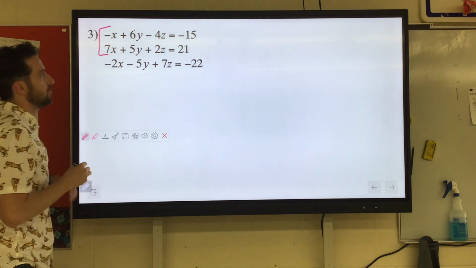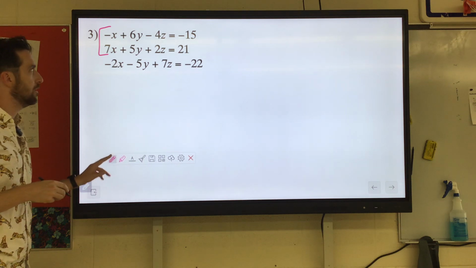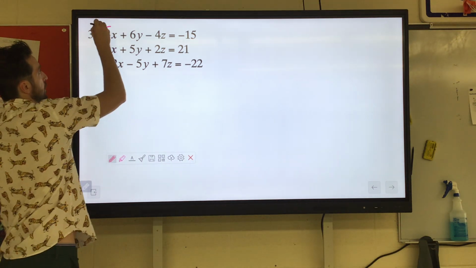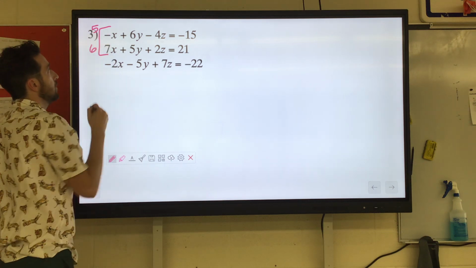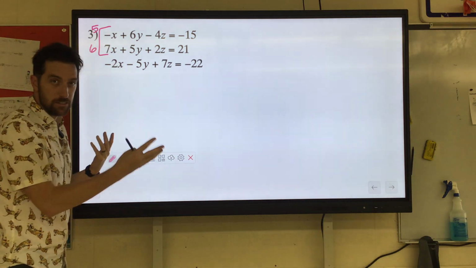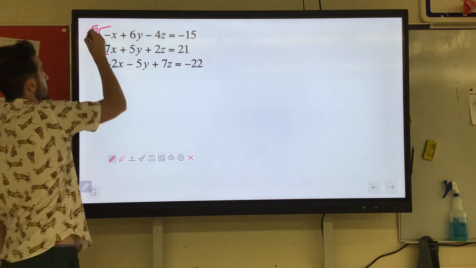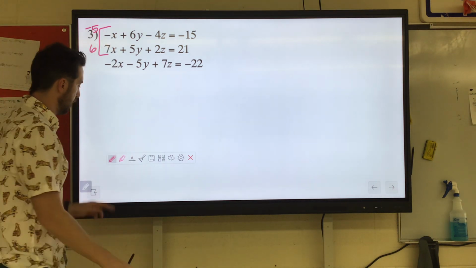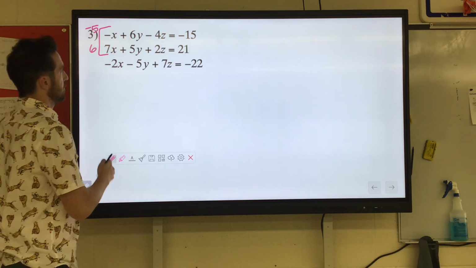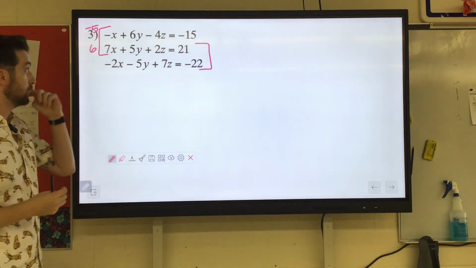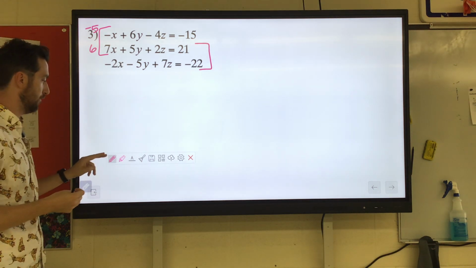When we pair up the first two, if I want the y's to be the same number, 6 and 5 go into 30. So that would require me to multiply the top by 5, the second one by 6. That would make them both positive 30y. We do want one of those to be negative. Easy fix. Let's just multiply by negative 5. When we pair up the second and third, we don't even need to multiply because we have positive 5y and negative 5y.